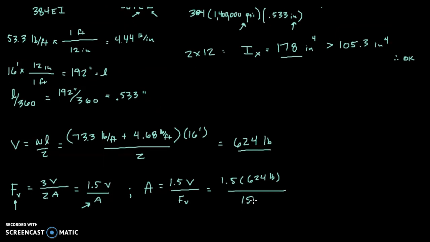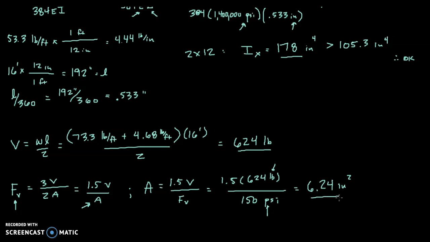So 150 psi. So I've got pounds and pounds. Got to always check those units and make sure that they will cancel out. And so it's going to give me a required area of 6.24 square inches. So this is how much area we need.